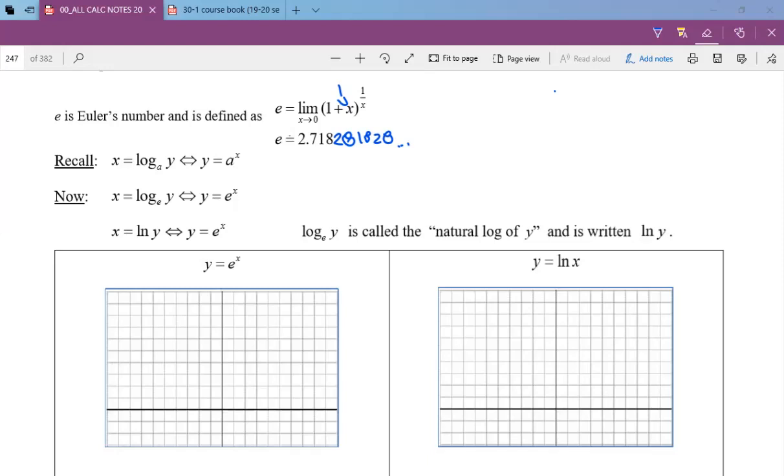And so we will say x is equal to the logarithm of y base e means the same thing as y is equal to e to the x. You can think of this as 2.718 to the x. It's just a constant.